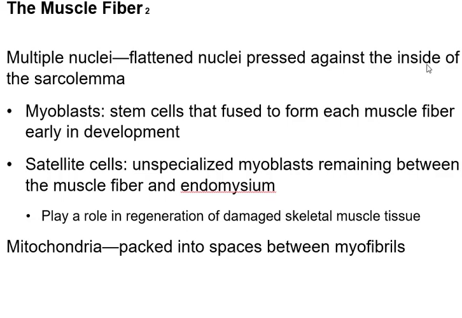But in the case of the muscle cells, they don't divide. They get bigger, but they don't divide. So they don't usually become cancers. So it is okay to have multiple nuclei in a muscle cell.